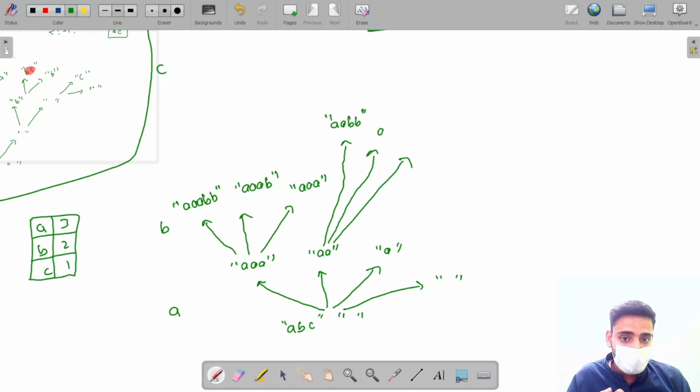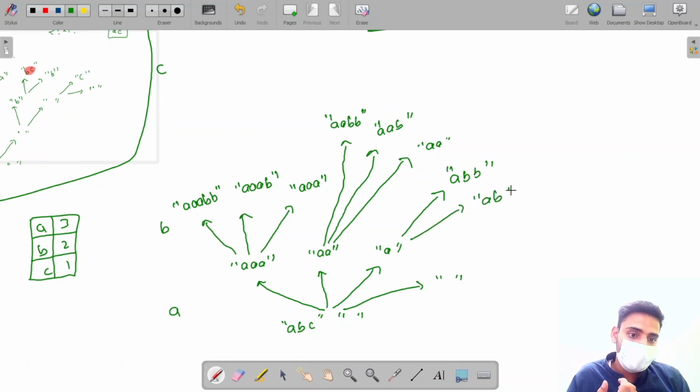The second option, B comes 1 time, so it would be this. The third option is it didn't come, so it would be A, right? Now let's talk about this. Here also, if B comes 2 times, it would be A, B. And if B comes 1 time, it would be AB. And if it didn't come, it will be simple A, right?